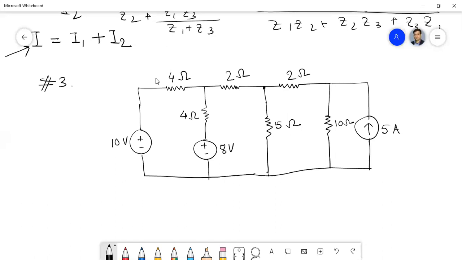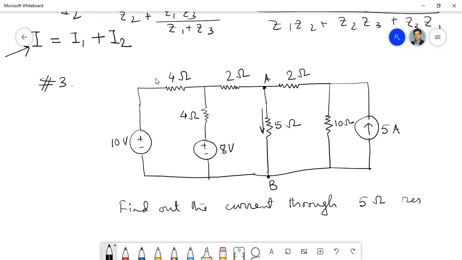Here, what you have to do, you have to find out the current through this 5 ohm resistance. Now start solving it.